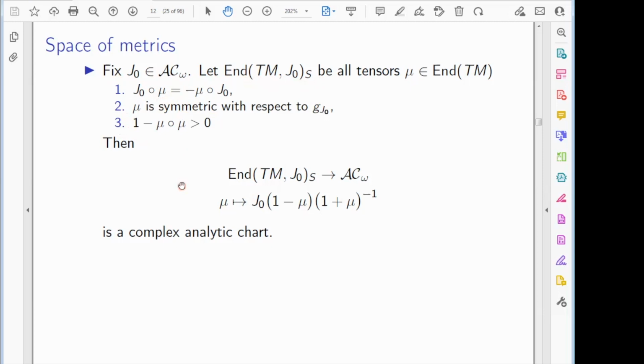You can just think of it in terms of these subspaces, the graphs of mu, or using the Kähler transform that gives you the almost complex structure in this formula here.